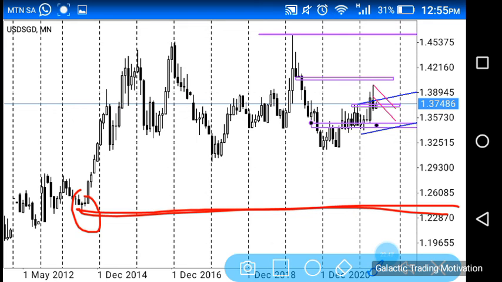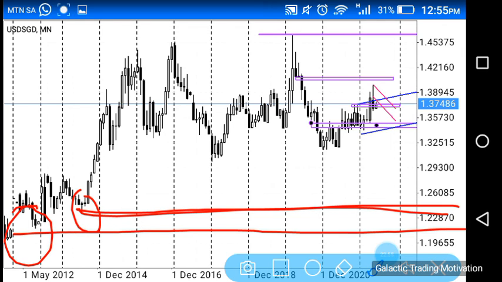The last thing that I want to speak about is this area over here. It seems as though we have a gap at this area. So gaps are very much similar to liquidity candlesticks in that they also carry a whole lot of liquidity where they are.